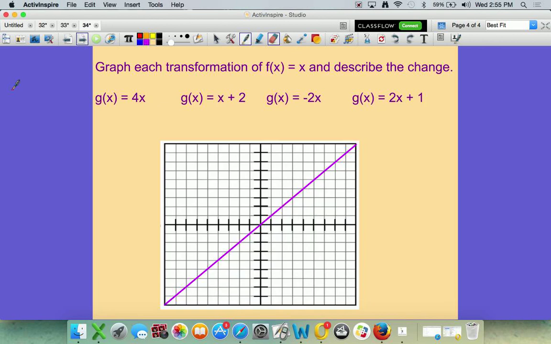All right, now our last one. Graph each transformation of x and describe the change. All right, well, what I have on there first is the y equals x line. All right, our first one, it says here, is g of x equals 4x. Well, we know that the number attached to the x here is our slope.